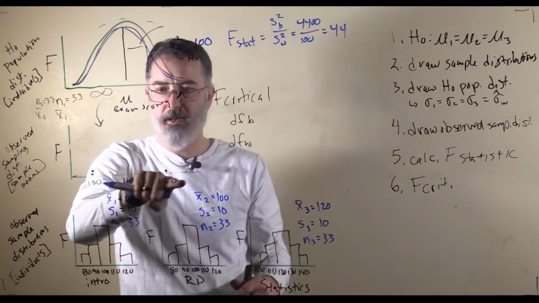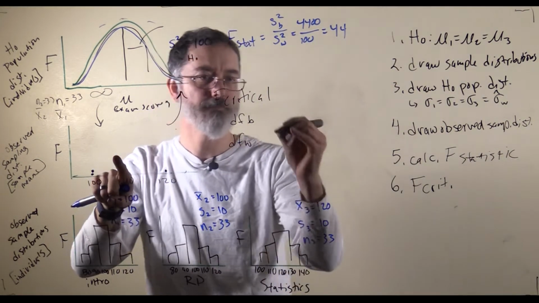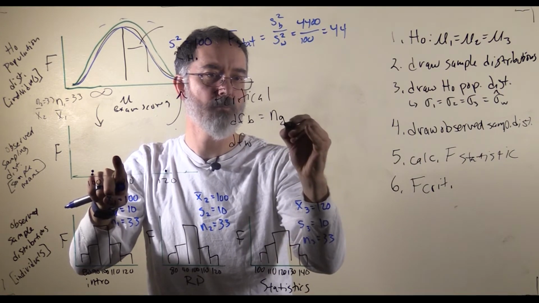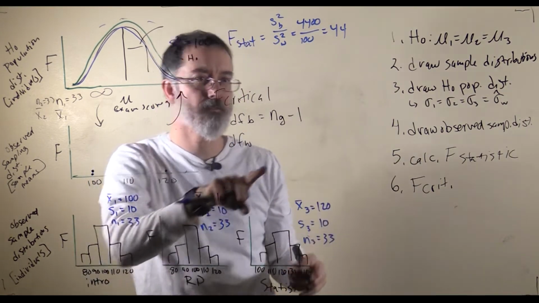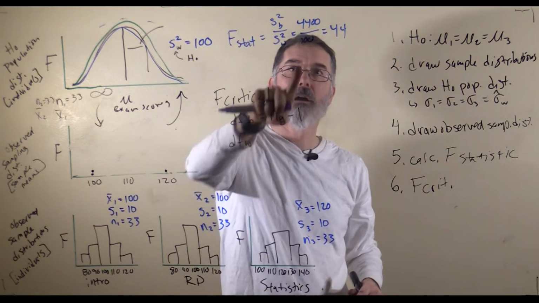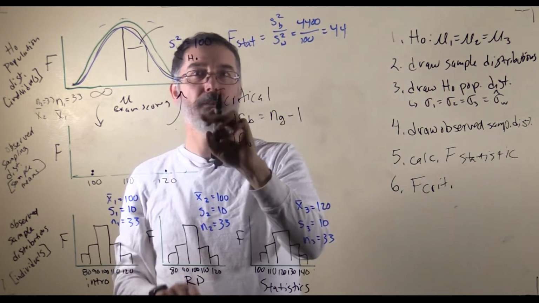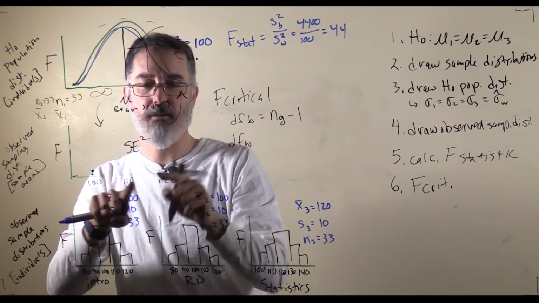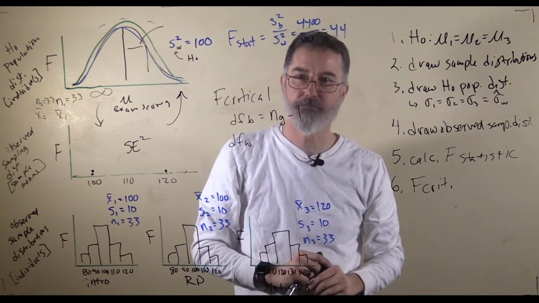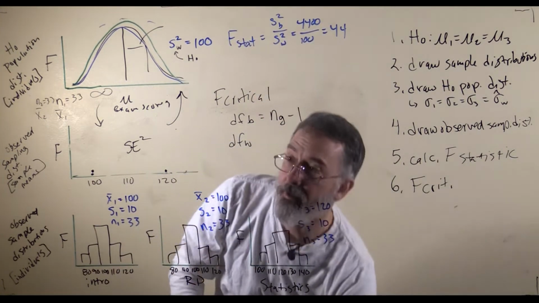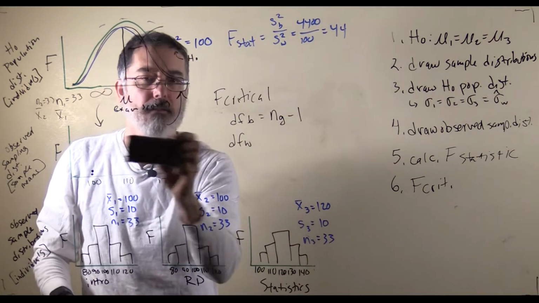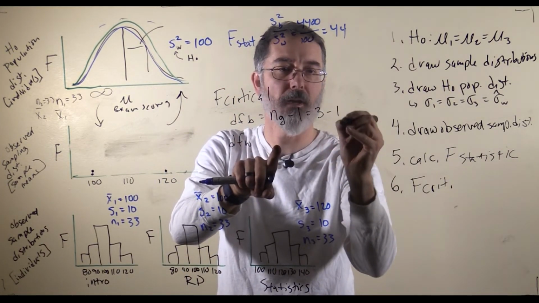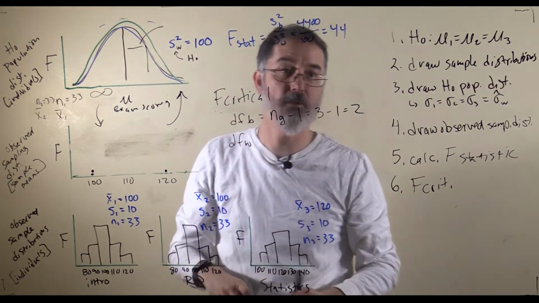Remember that we had 3 sample means, so the number of groups minus 1. And this was the denominator in the formula we used to get the variance for these 3 sample means. So that was pretty easy to get. There are 3 groups, so it's 3 minus 1. The degrees of freedom between is 2.